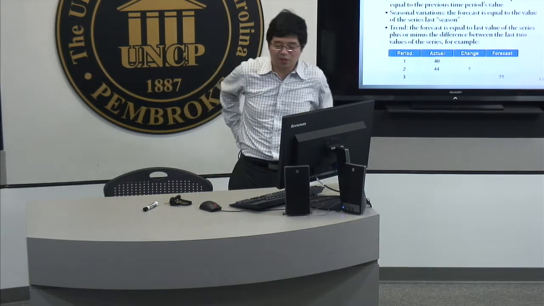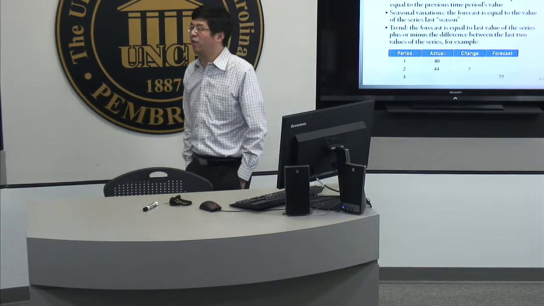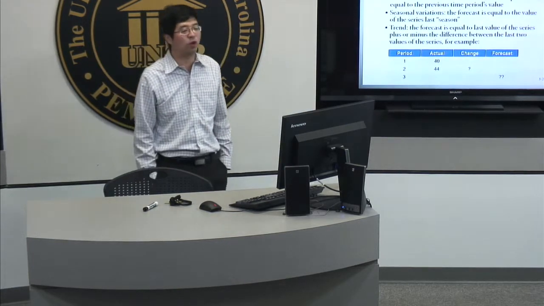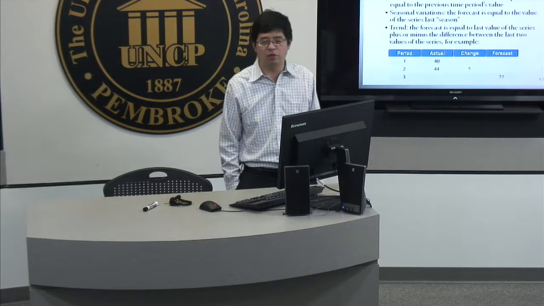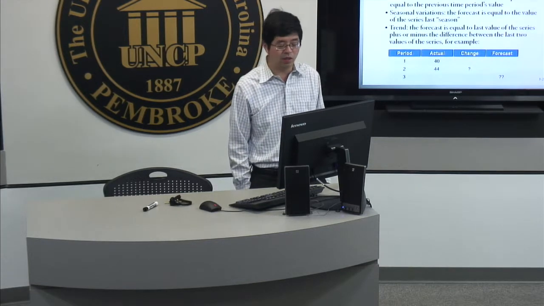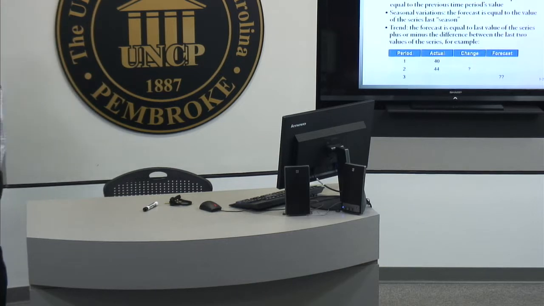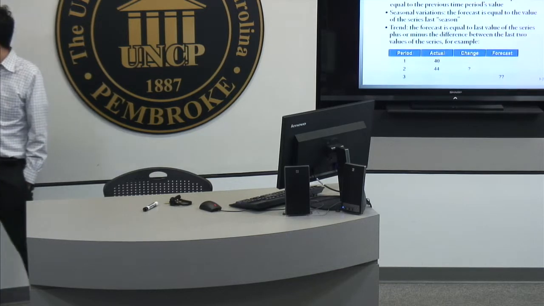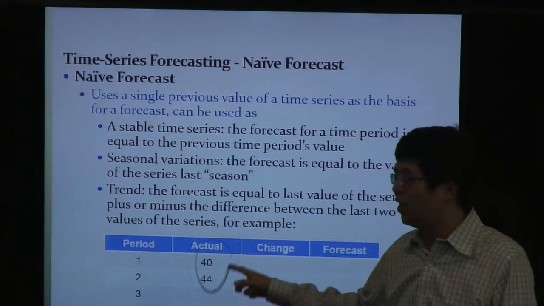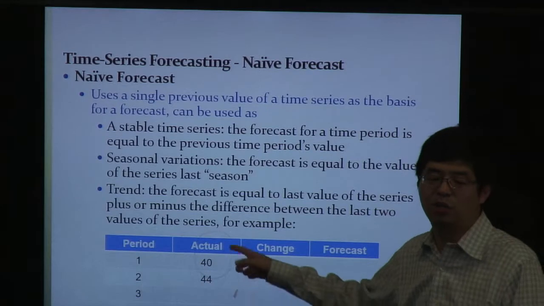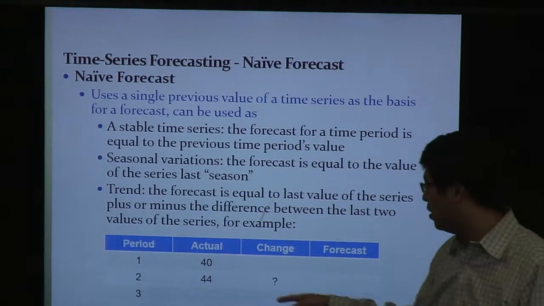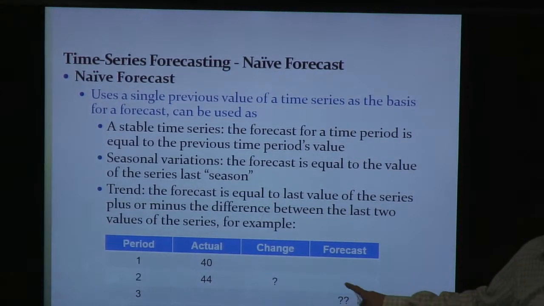Okay, so today let's continue our study of forecasting. Let's briefly review what we have learned so far for the technicals of forecasting. The first method we have learned is called what method? Naive method, naive forecast, right? So remember this example, if we consider trend, there's an increase trend here with naive method, then what is the forecast for period 3?